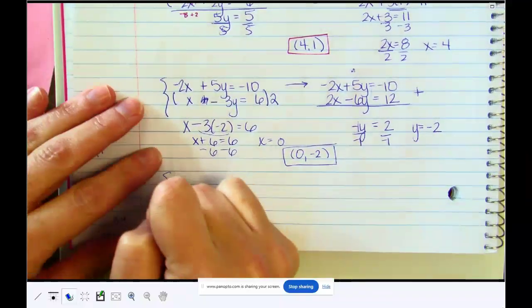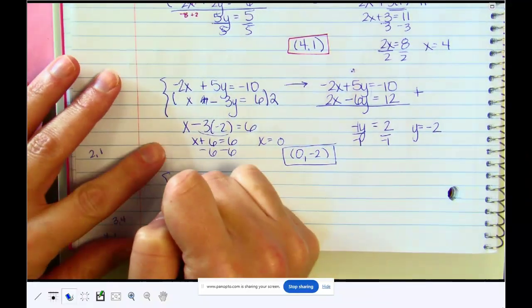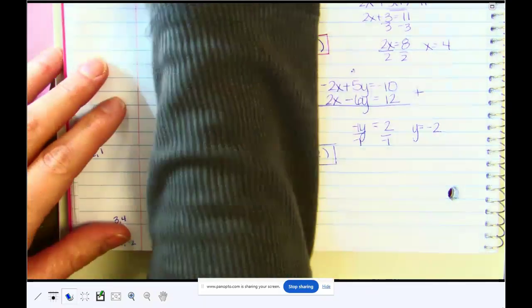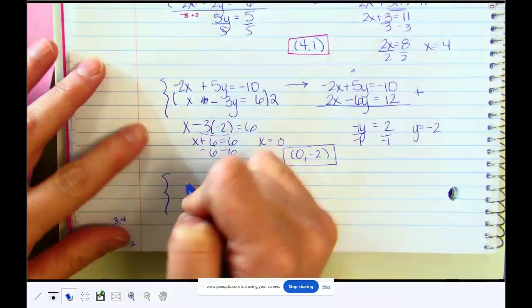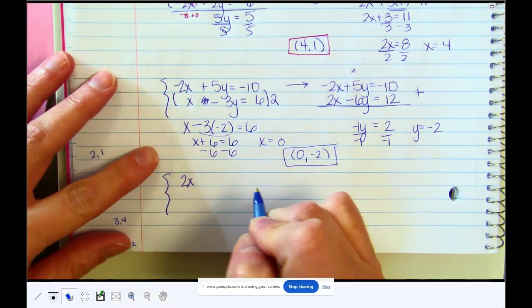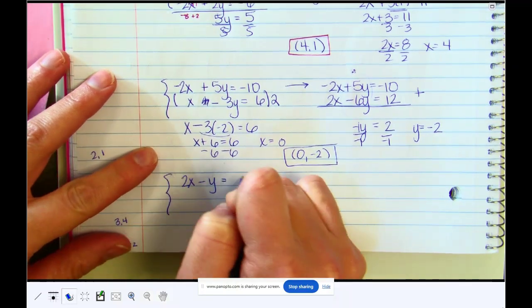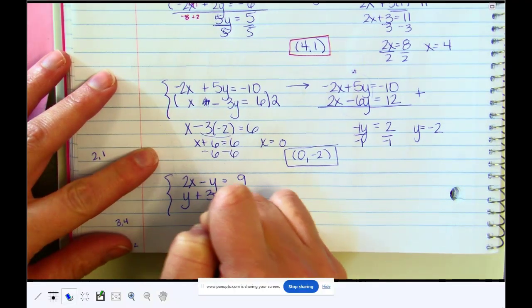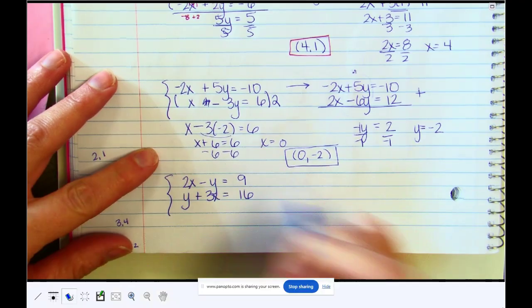So let me ask you this. Let's say you have 2x minus y equals 9 and y plus 3x is equal to 16.